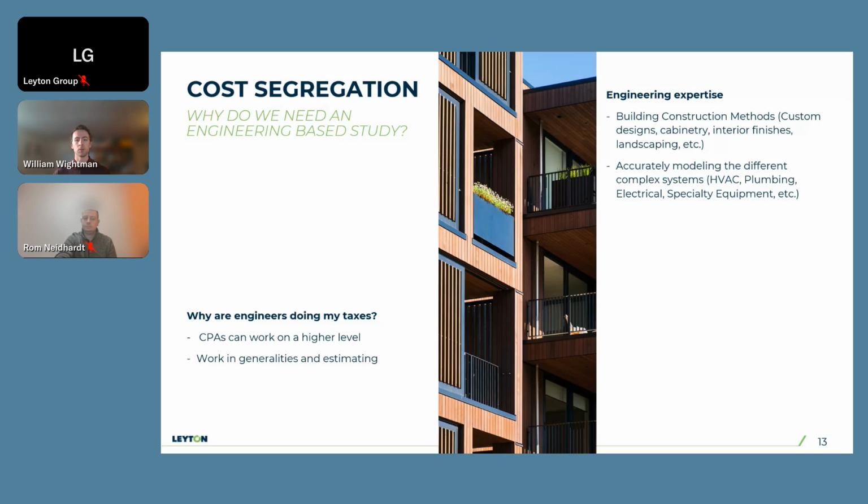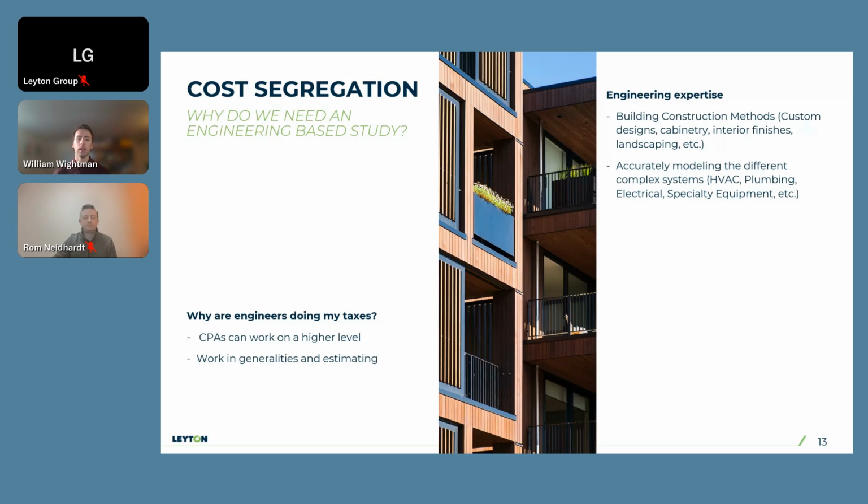Basically what we do is reverse engineer it. These buildings are already built. Usually an engineer is on the front end of construction, designing things, and we just do it the opposite way. We try to reverse engineer and figure out everything that was put into place in the building so that we can break it apart into the different sections.